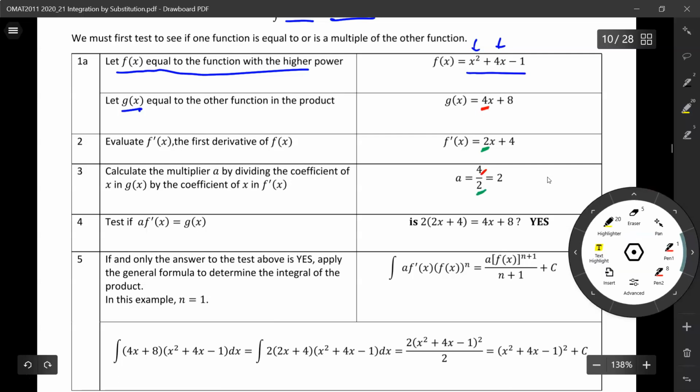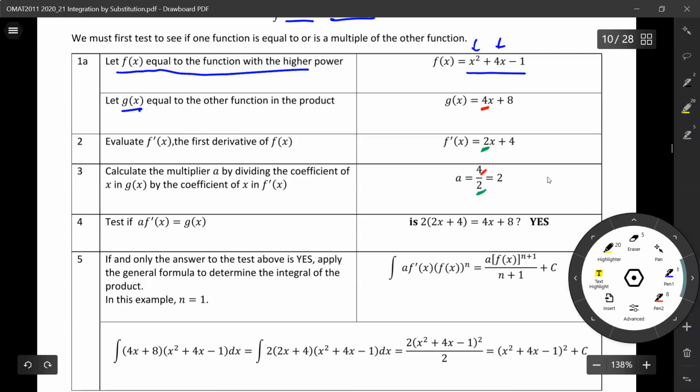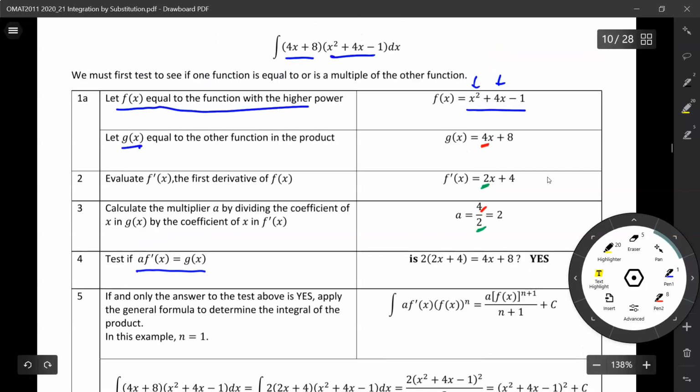So you divide the 4 by the 2, and that gives you a multiplier of 2. Then before you use the function, you test: is it valid to use this? Is a times f prime(x) equal to g(x)?